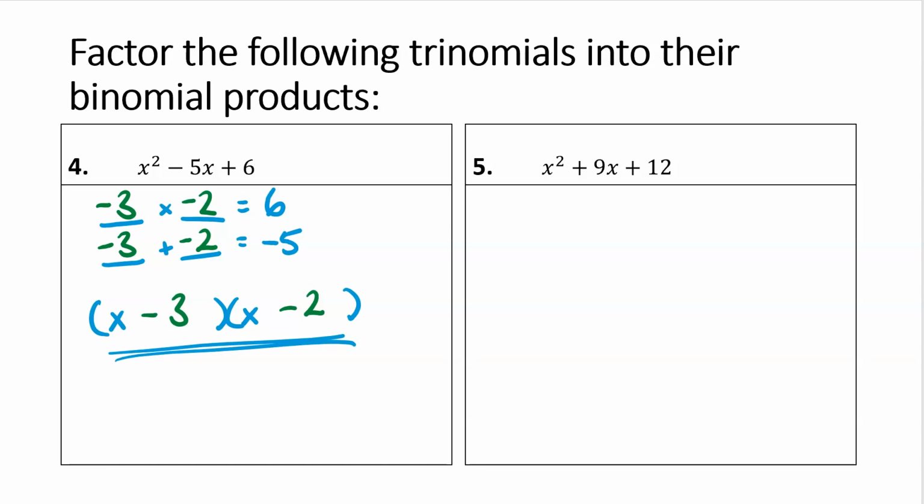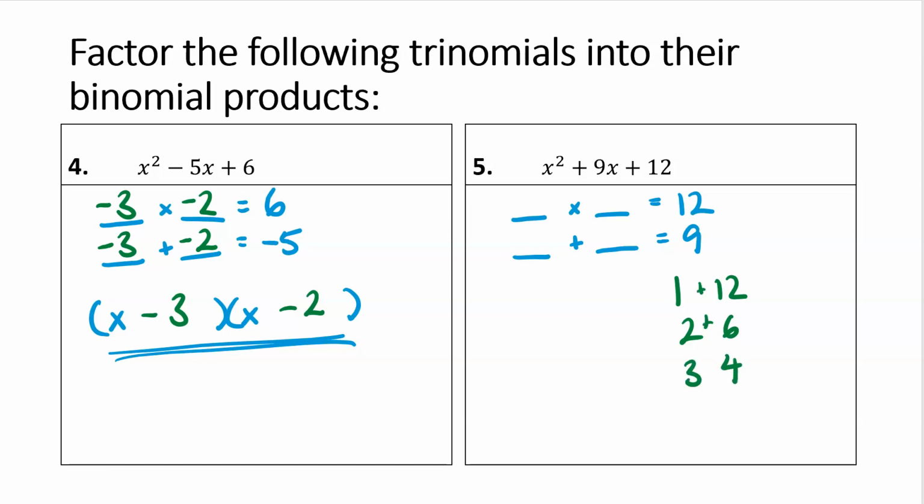Example 5. x squared plus 9x plus 12. We want two numbers that when you multiply them give you 12, and those same two numbers, when you add them, give you 9. If you have trouble finding a set of numbers that would work for this, then you're not wrong. If I listed all the factors of 12, for instance, 1 times 12 is 12, 2 times 6 is 12, 3 times 4 is 12.